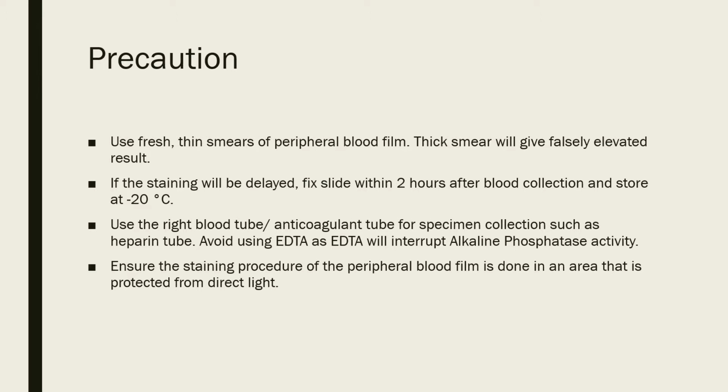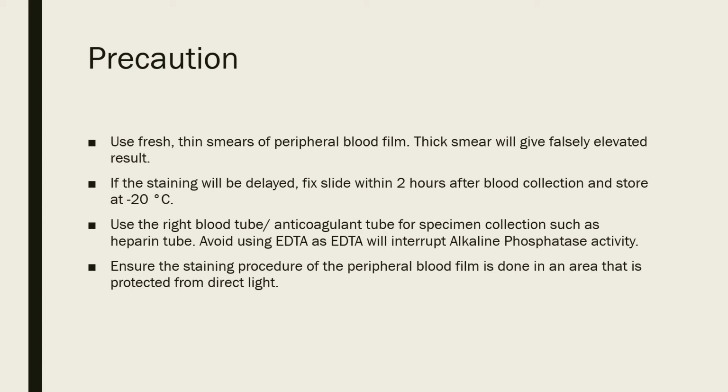Okay, now we will look into the precautions that need to be taken during LAP staining. First, always use fresh and thin smears of peripheral blood film, because a thick smear will give falsely elevated results. If the staining will be delayed, we must fix the slide within 2 hours after blood collection and store it at -20 degrees Celsius.